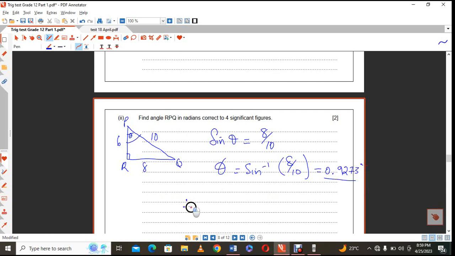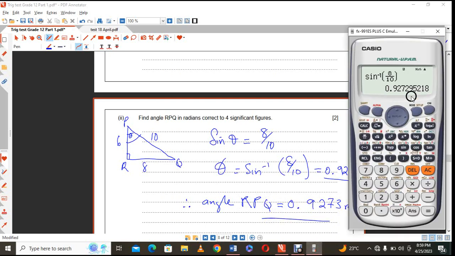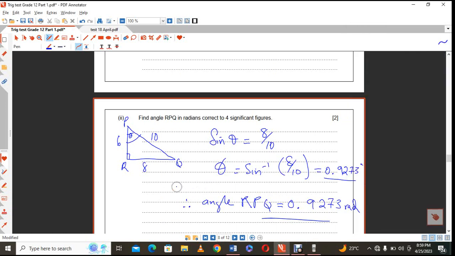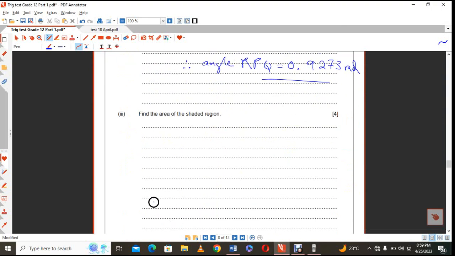So just to make sure that angle RPQ is equal to 0.9273 radians. Okay, let's check again. Good. Now they want us to find the area of the shaded region.